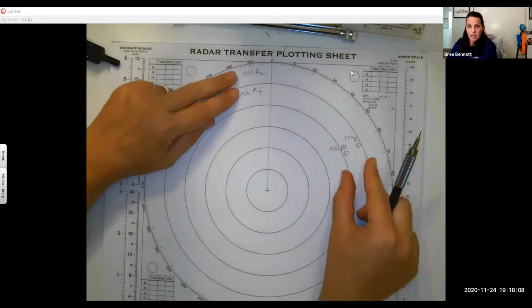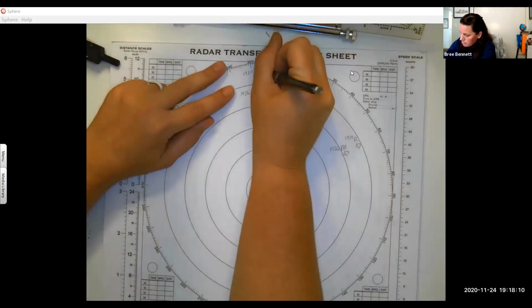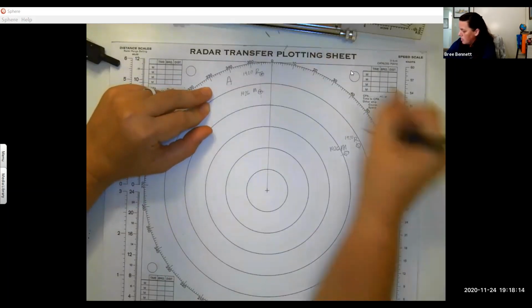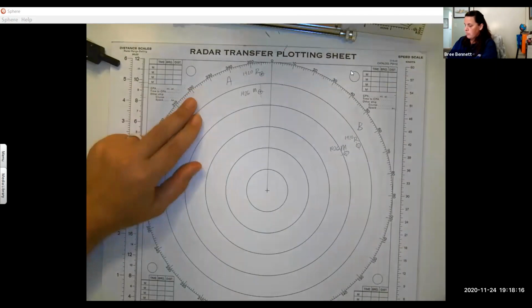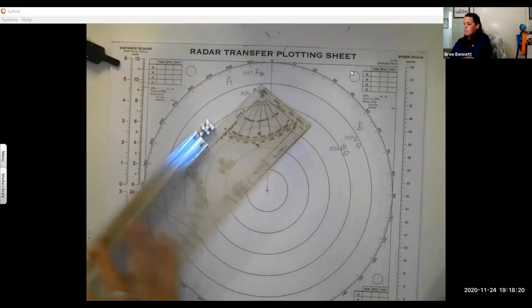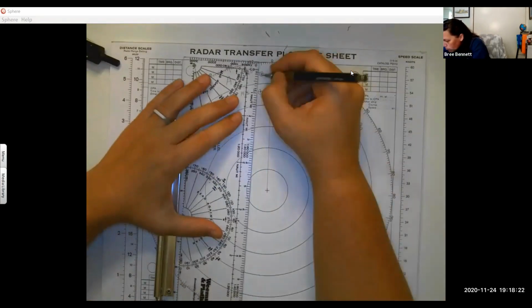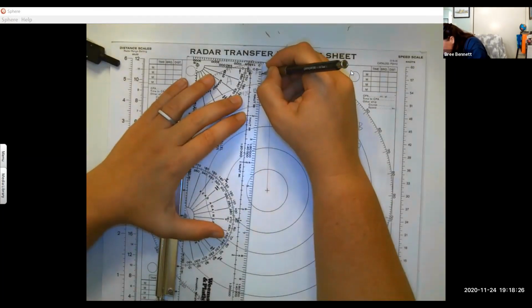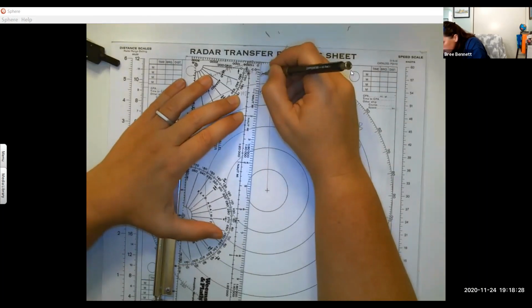Okay. So these are our R's and our M's for contact A and contact B. I'm going to connect my R and M so I get the relative motion line for each contact.